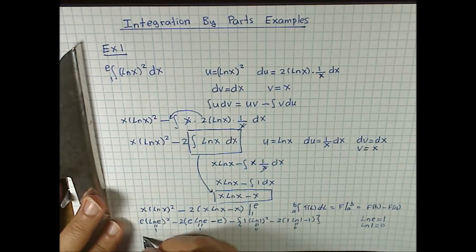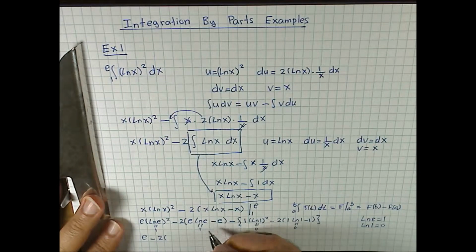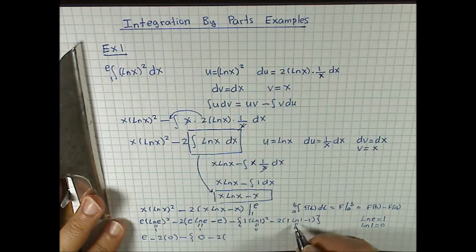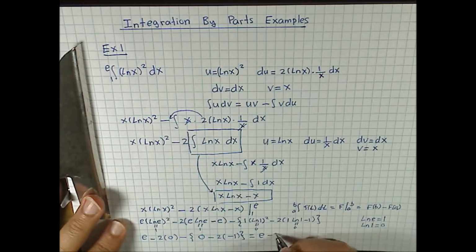So we get e minus 2e minus e, that's 0, minus, 0 minus 2 times 0 minus 1, that's negative 1. The answer is e minus 2. Notice we have 3 minuses. Minus, minus, minus, that makes a negative. That is the answer.